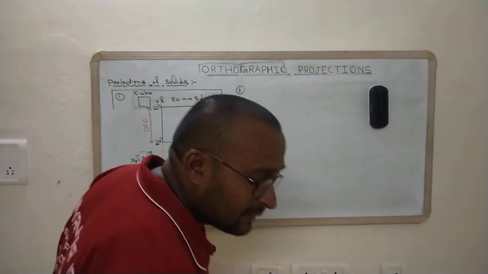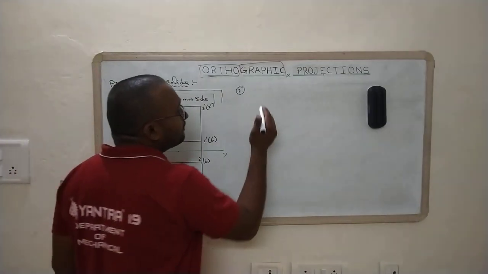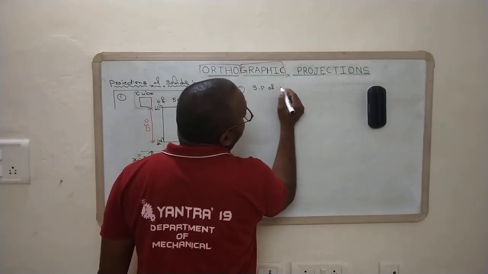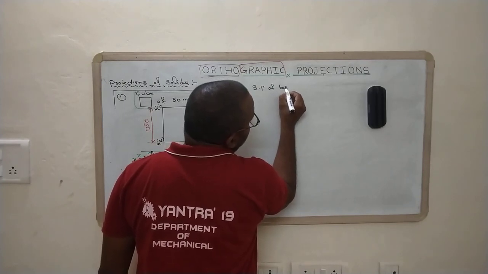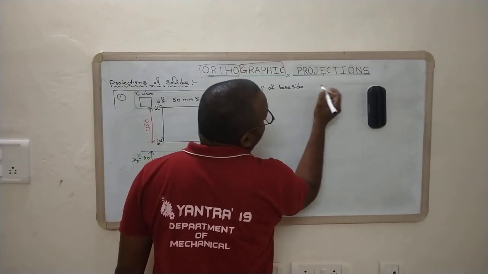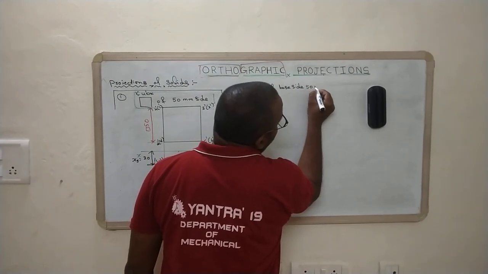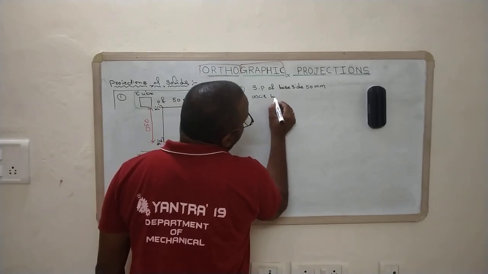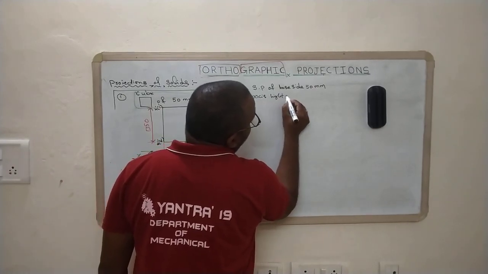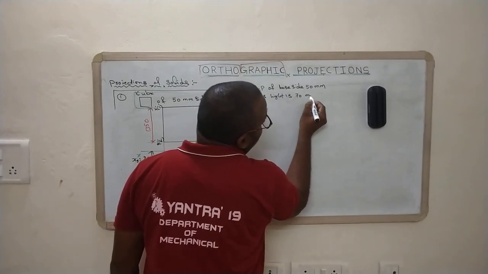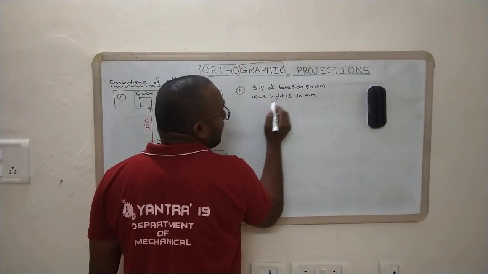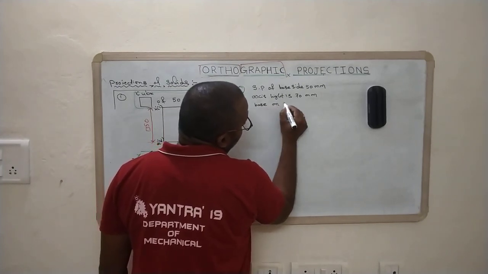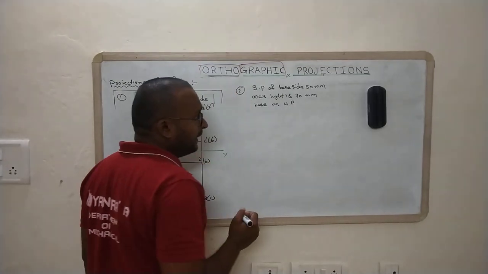Basically that problem statement will be like this: square prism of base side 50 mm, axis height is 70 mm, resting on its base on HP, right?